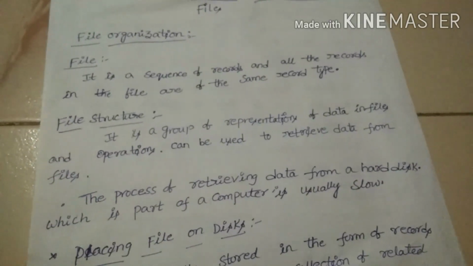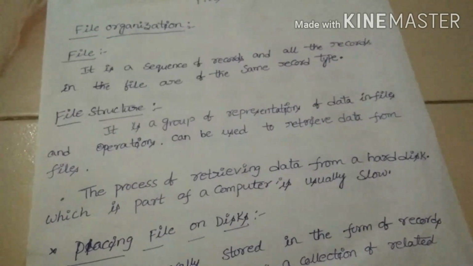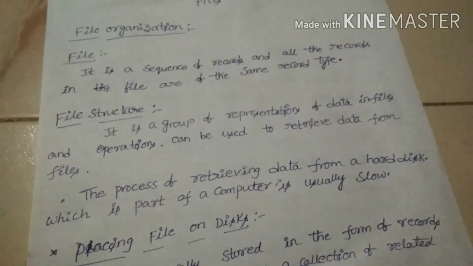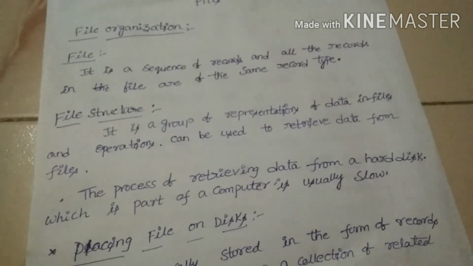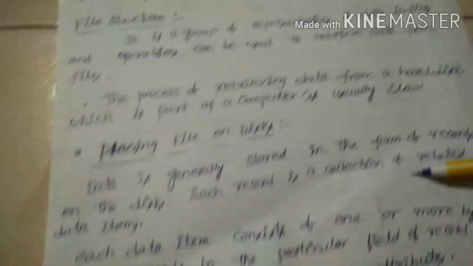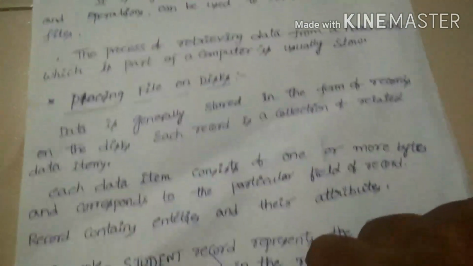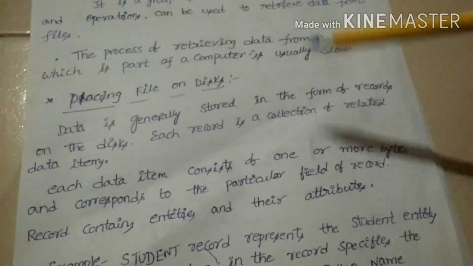In this file structure, you have to know how to store files on disk and what operations we have to perform on the files. The first topic is placing files on disk. How do we place a file on disk?